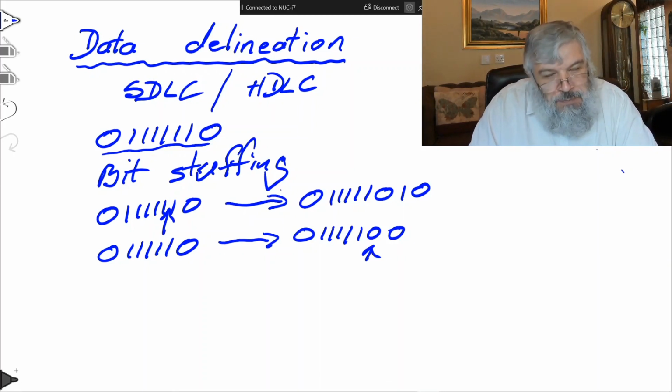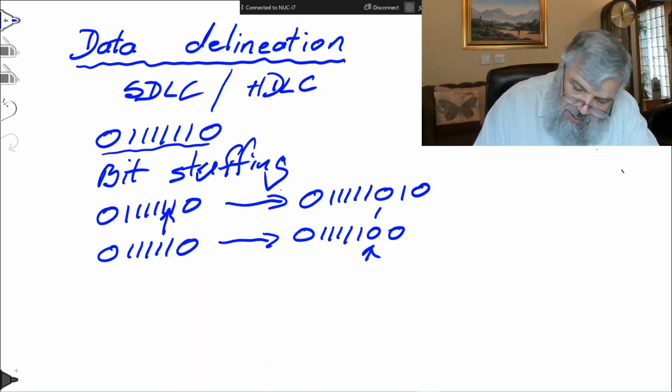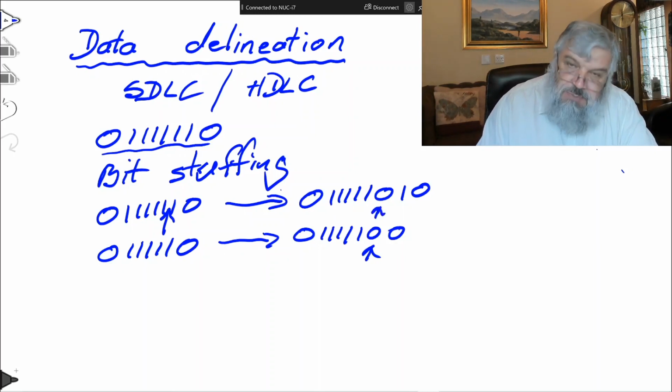Why? The reason is on the receiving end, if you are receiving a sequence of 5 ones followed by a 0, then you know that that 0 has been inserted and you can remove it and not give it up to the higher layers. So in both of these cases, the recipient will know that that 0 has been stuffed and it will just remove it before it passes it to the higher layer.